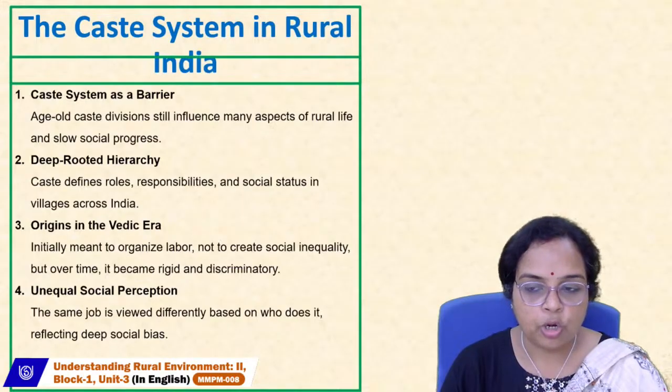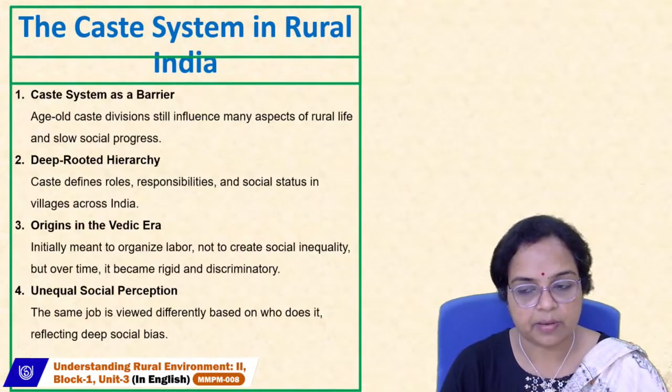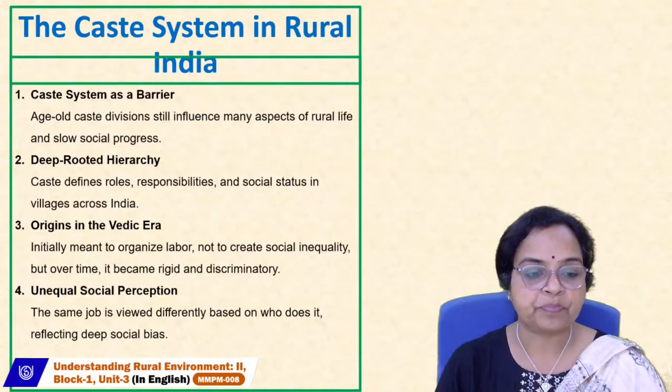Those who are doing low level of work, society started taking them as a different caste, and we have another concept that is called non-touchability, or people didn't used to touch them. This system was there. Nowadays we do not have those systems prominently, but we cannot avoid that there is an impact of caste system in rural India, specifically in rural India.